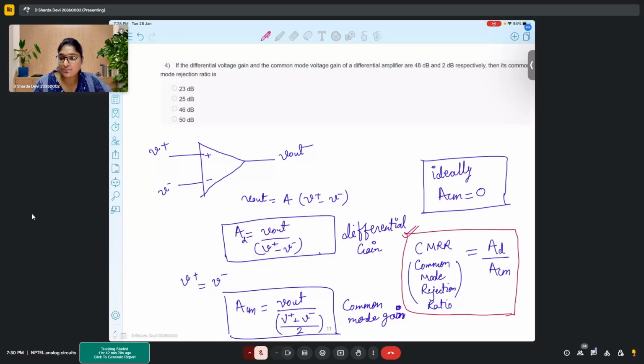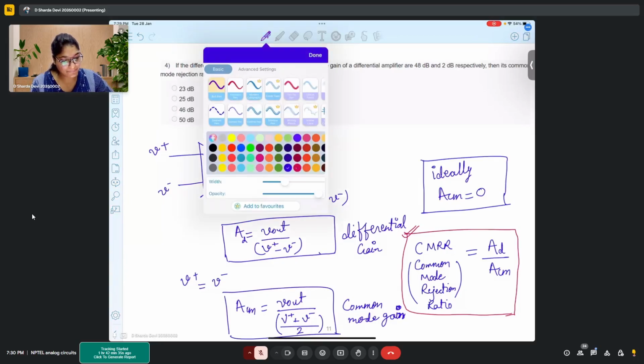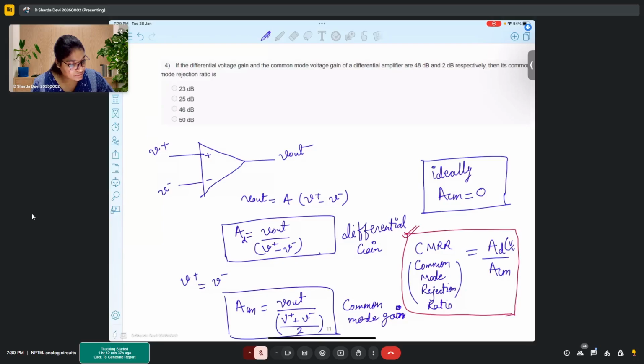So, talking about this, when we are saying CMRR, which is AD by ACM, till now we are talking in terms of volt by volt. So here it is volt by volt, and here it is volt by volt. When we convert it to dB, how do you convert volt by volt to dB?